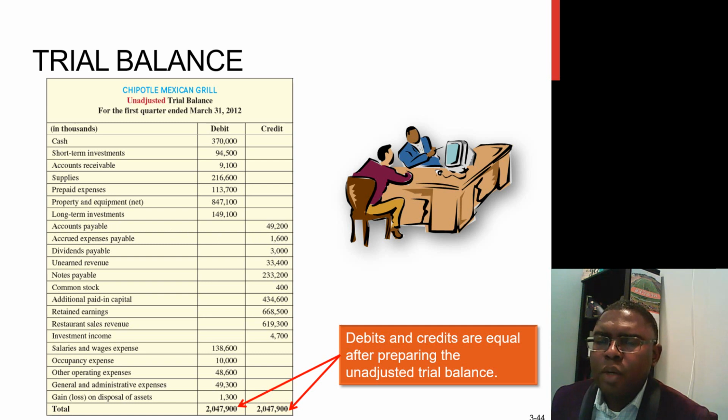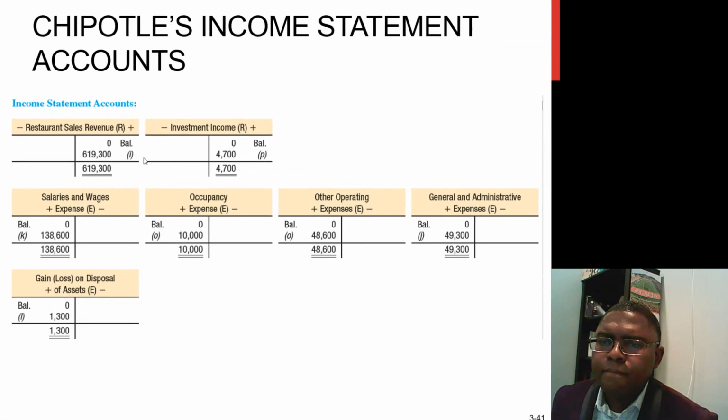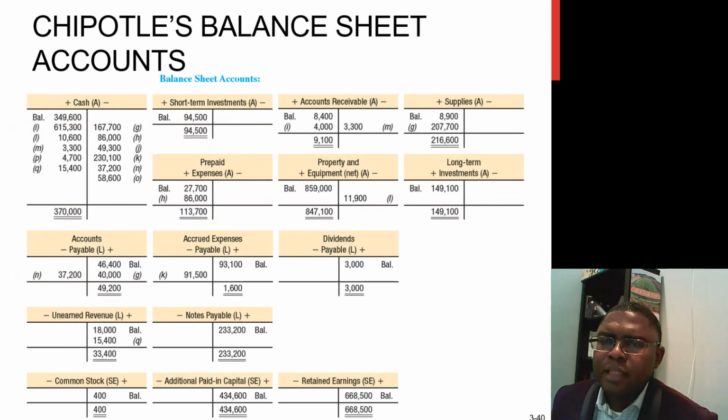Let me go backward and look at one account, and we'll see where that account falls. Let me look at cash, for example. So notice that cash has a debit balance of 370,000.